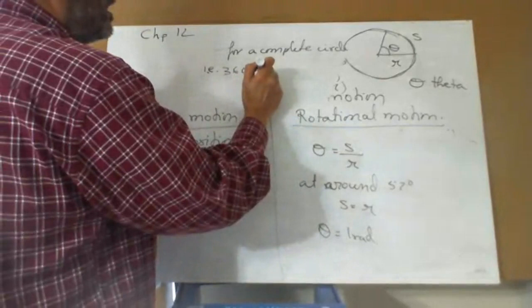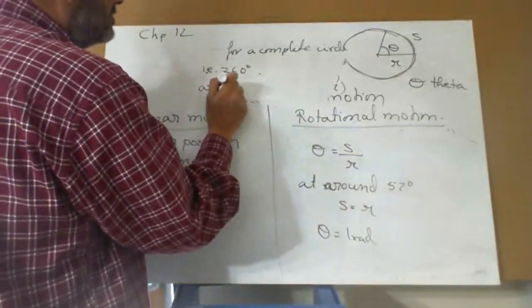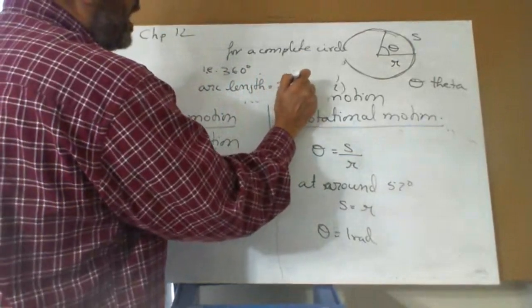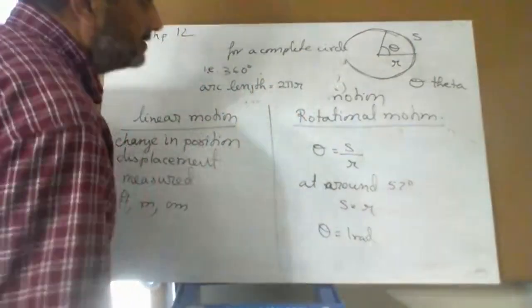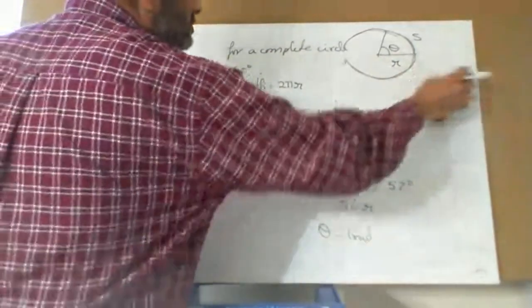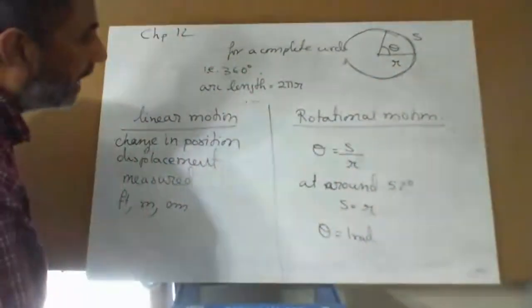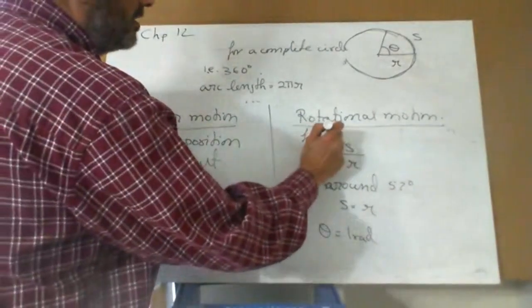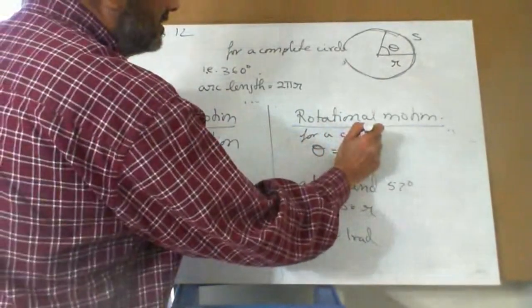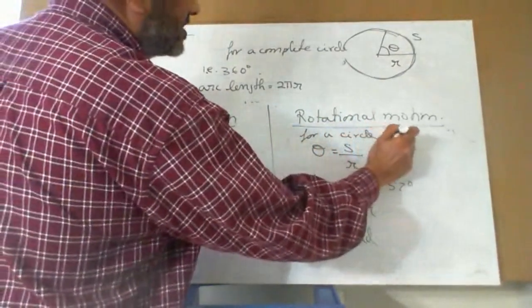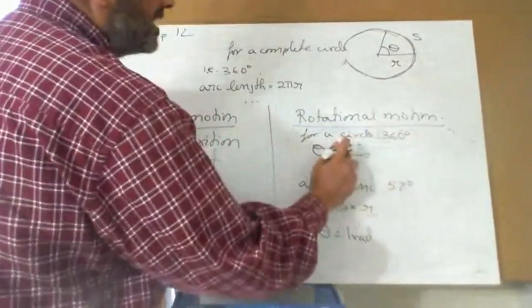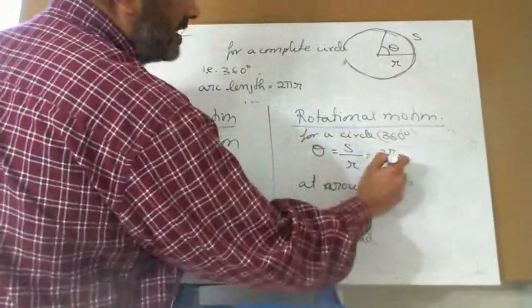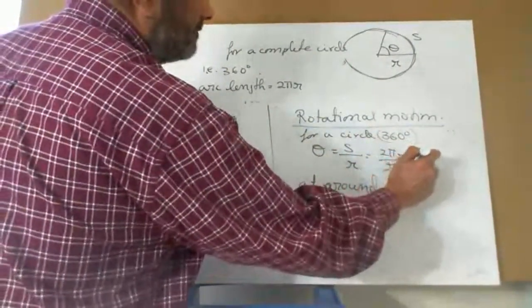The arc length is equal to 2 pi r. So for a circle, that is 360 degrees, S is 2 pi r, and if you divide it by r, you get 2 pi.